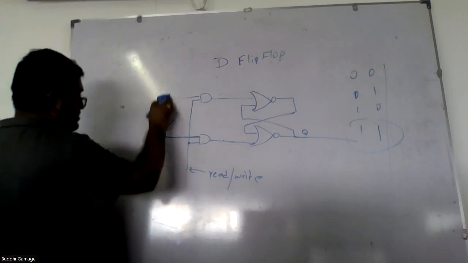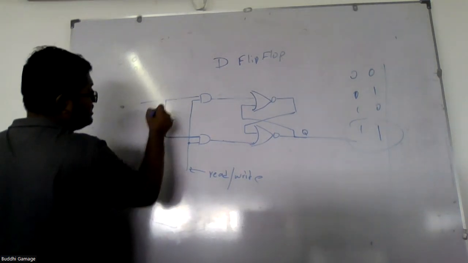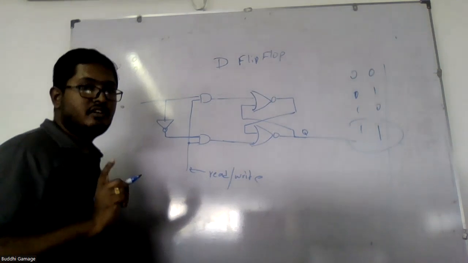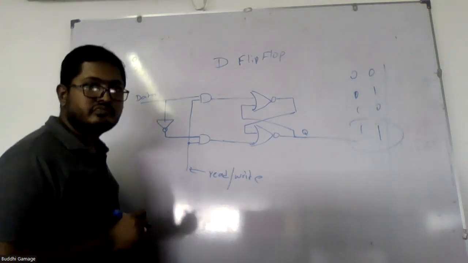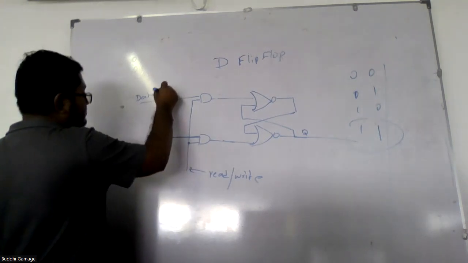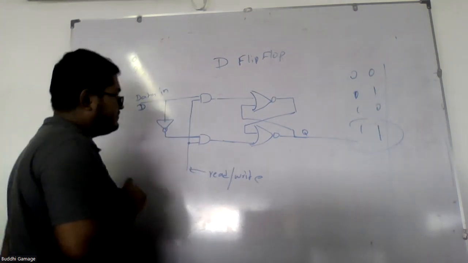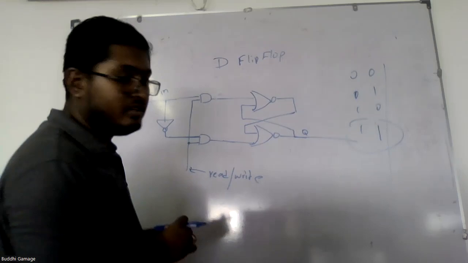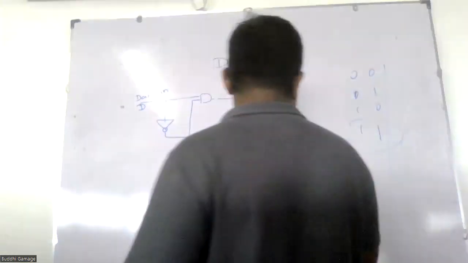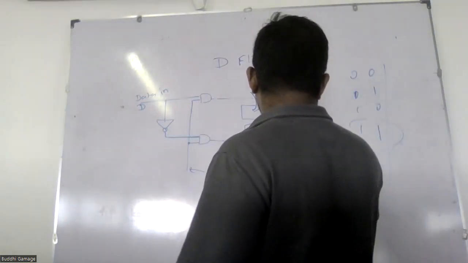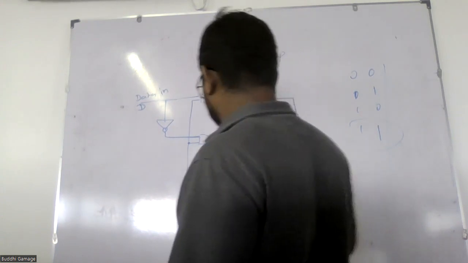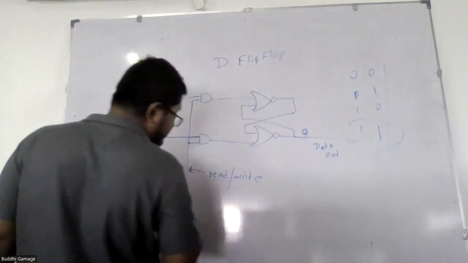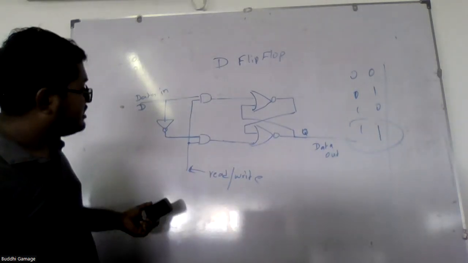So what that means is, in the flip-flop there will be one input, which is called data in, right? Data in is called D, and then there is the data out. So this is the read-write.